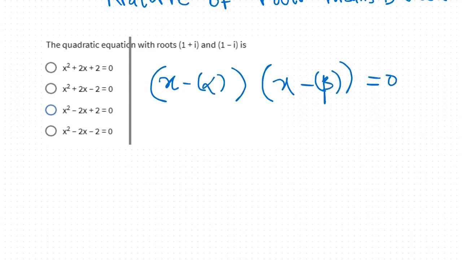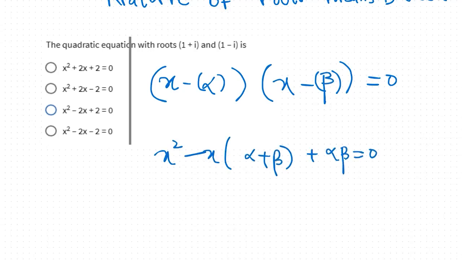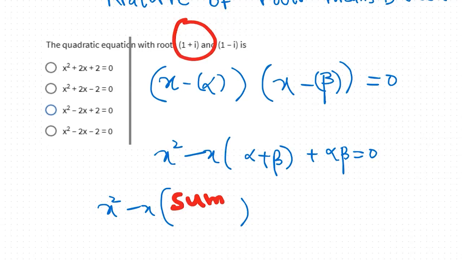So the direct formula is x square minus x into alpha plus beta, the sum of roots, plus the product of roots. In this case, alpha will be 1 plus iota and beta will be 1 minus iota.